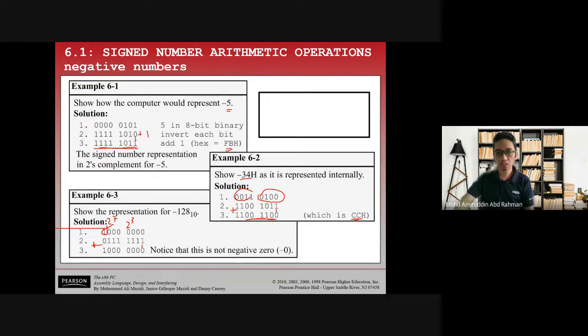So this is actually not negative 0, as you mentioned over here. Because the sign here is negative and the rest is 0, it is actually minus 128, because 0 doesn't have negative.